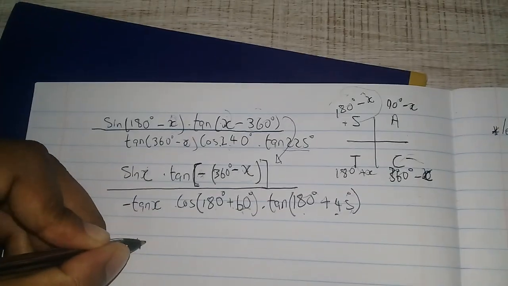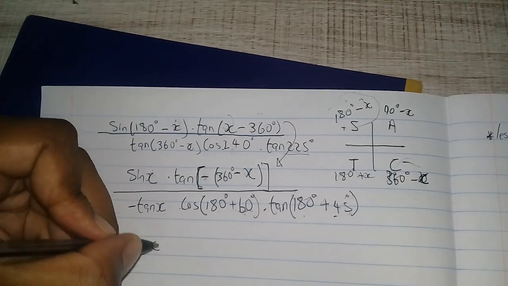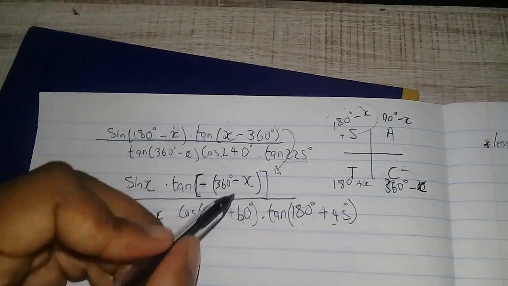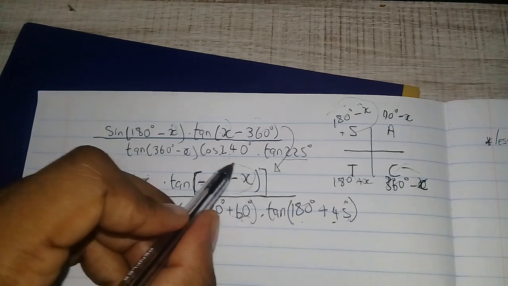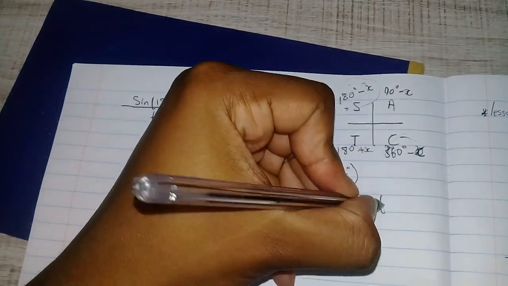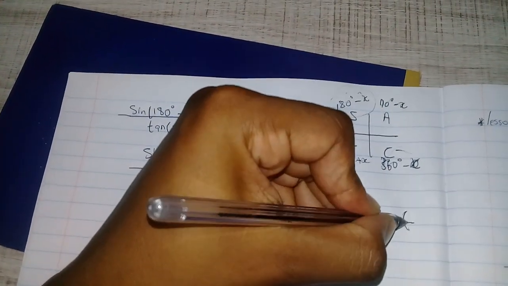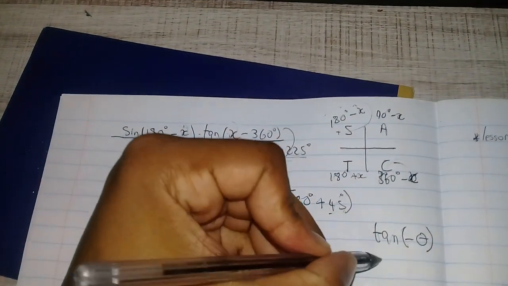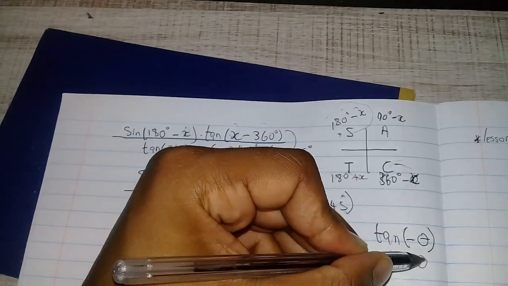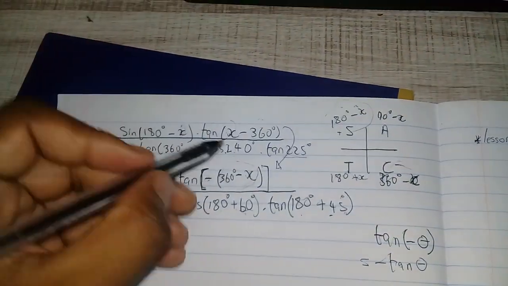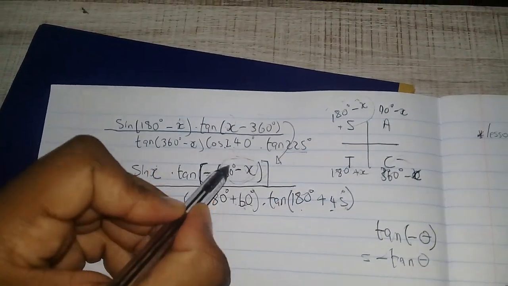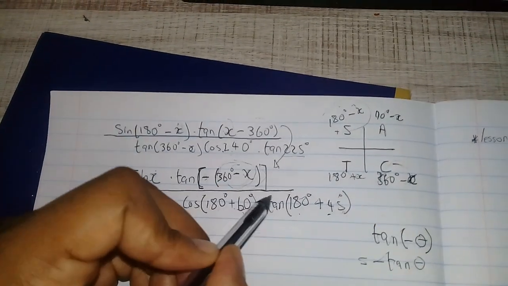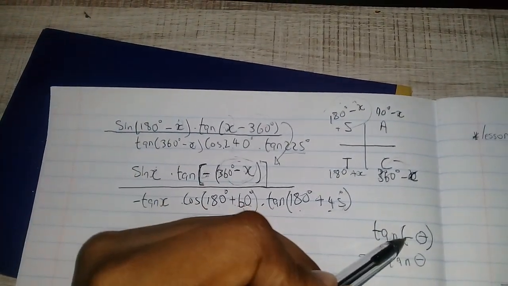We're going to drop sine x as it is, and then multiply it by, remember, this is treated like an angle. And you know that when you have tan of a negative angle, that becomes negative tan angle, like theta in this case. So this thing here is treated as an angle, and then this negative sign is treated like this negative sign.